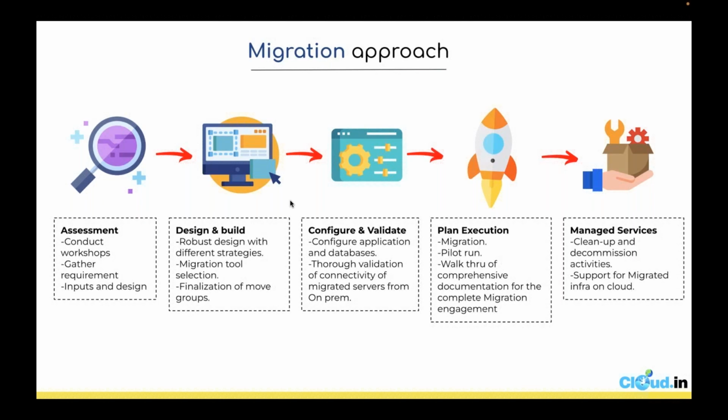Right. So this is the migration approach that is generally followed when you plan to move to cloud. This is the phase-wise migration approach. So let's go phase-wise. It starts with the assessment phase, also known as assess phase.